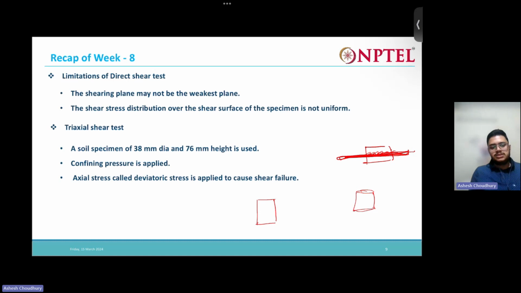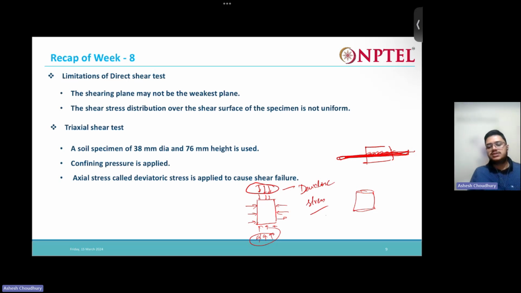What we do is apply some confining pressure all around, and then we apply some deviatoric load, a vertical loading. This axial stress that we apply is called the deviatoric stress. This deviatoric stress causes the shear failure.